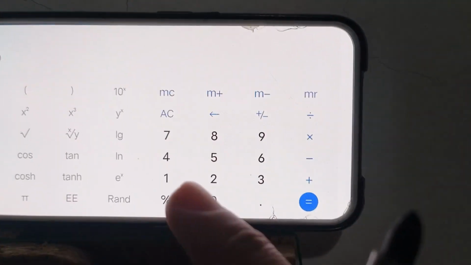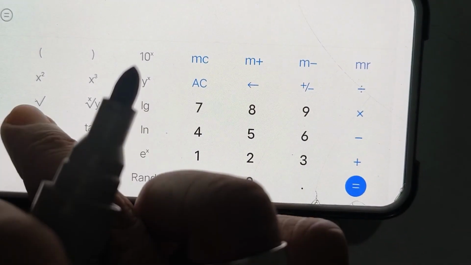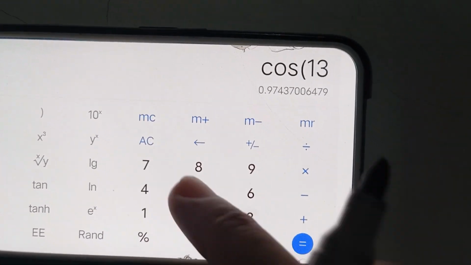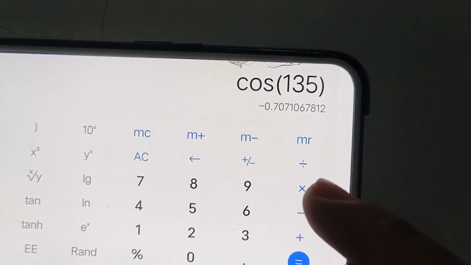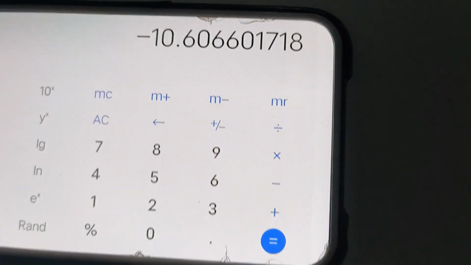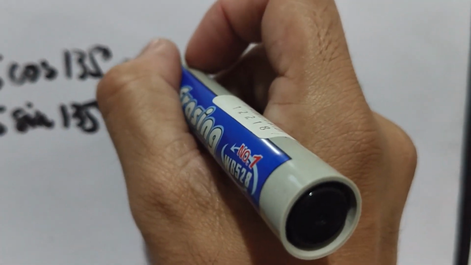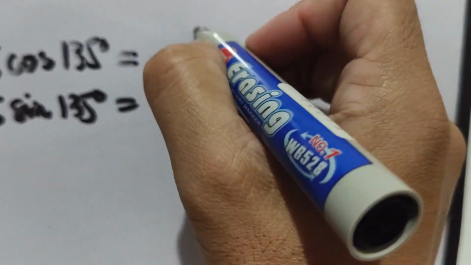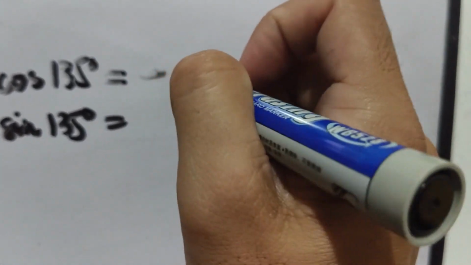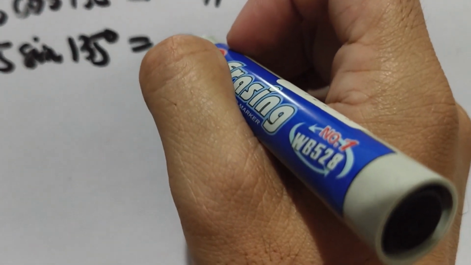So calculating the values of those quantities, we have cosine of 135 times 15 is equal to negative 10.60, or rounding off to a whole number, we will use negative 11. And for the y component, syempre, it will have the same magnitude, kaya lang positive.